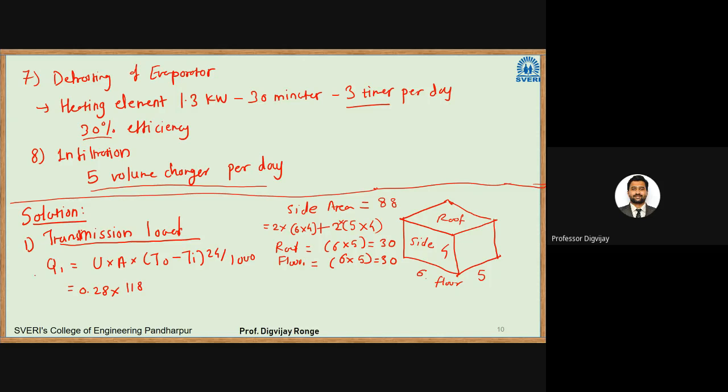Here in Q1 I am considering only roof plus side. T outside is given as 30 degrees Celsius, inside temperature is 1 degree Celsius, into 24 divided by 1000. So calculate this Q1.